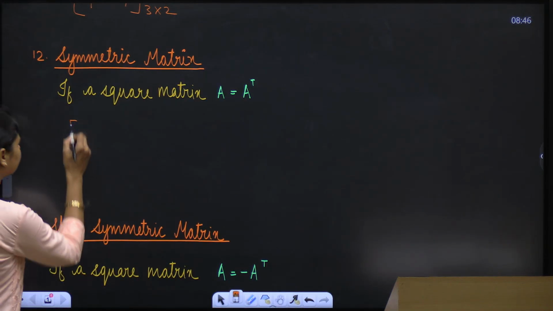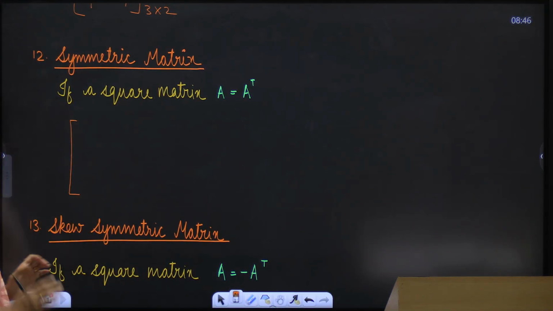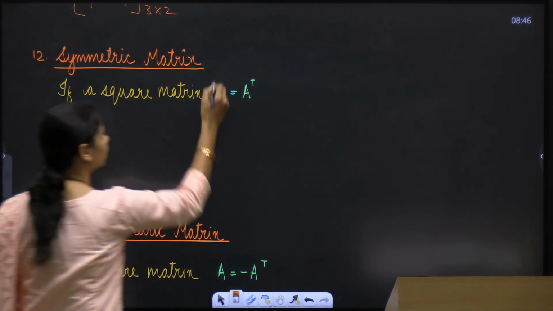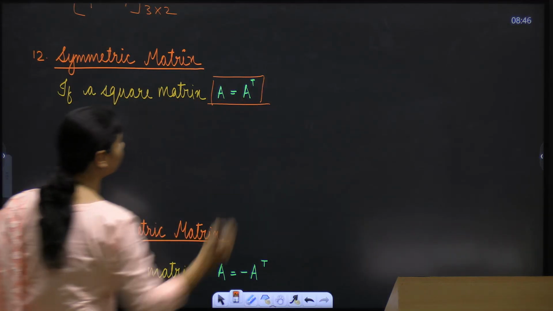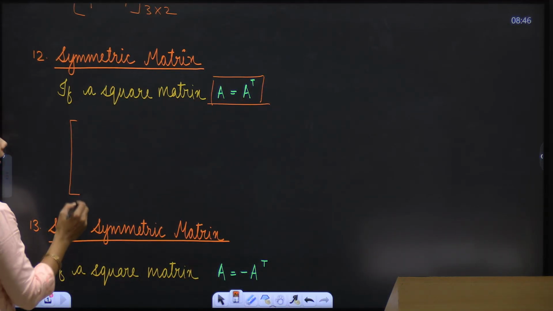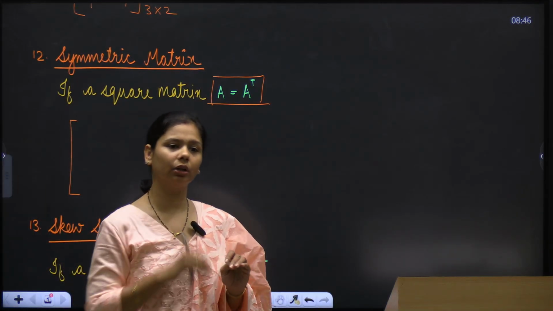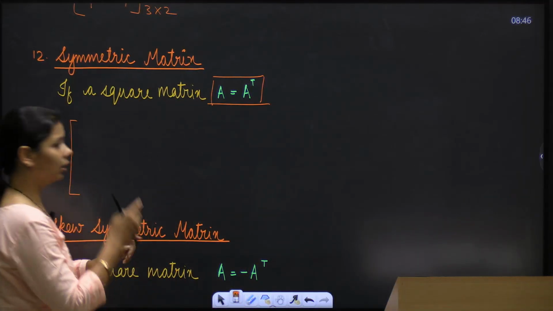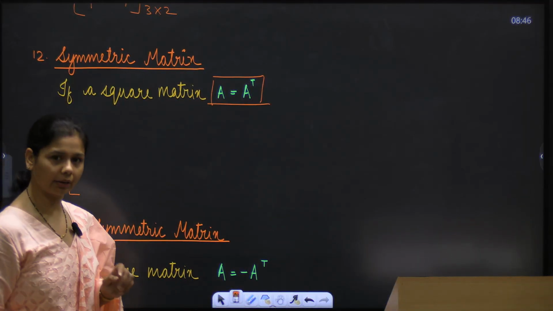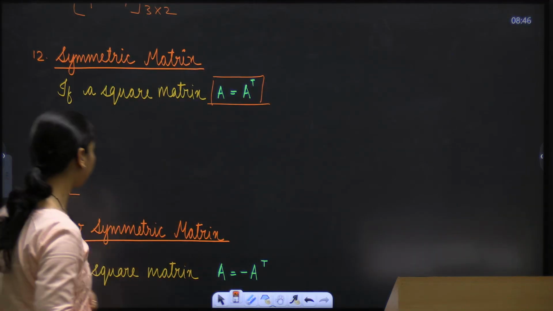Now let's make the symmetric matrix. As this equation shows that A will be equal to A transpose, that means when we interchange the rows into columns and columns into rows, we will get the same matrix as the previous one.